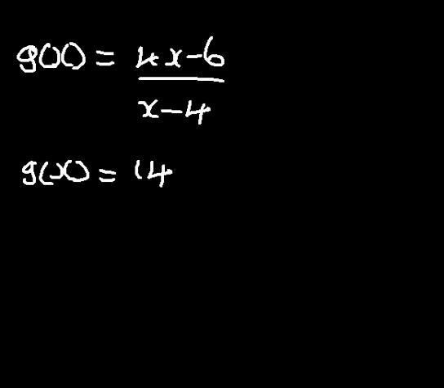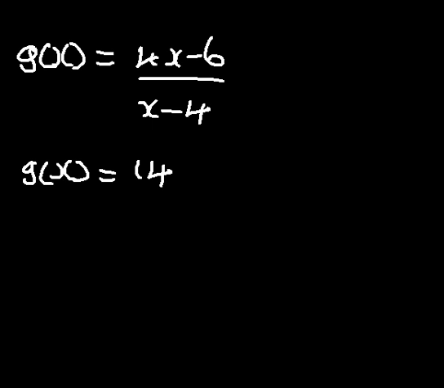We're given the function g of x, and g of x is 14, which means 14 is the output. So what is the input whenever the output is 14? And that is x. That's the essence behind it.